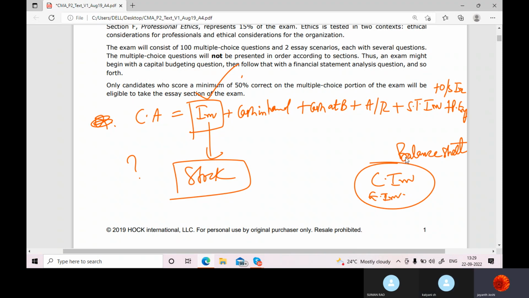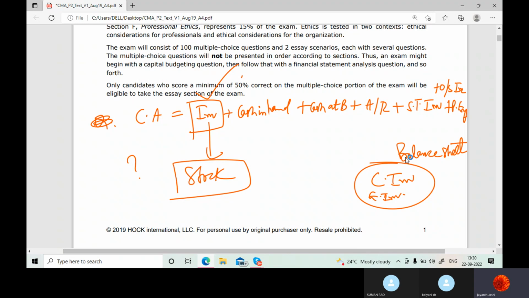Correct. So the problem with inventory is, I am not denying that it is an asset, but it may be sold in one day, it may be sold in months, or it may be sold beyond a year. It may take some time, even beyond a year, for you to convert that inventory into cash at times.